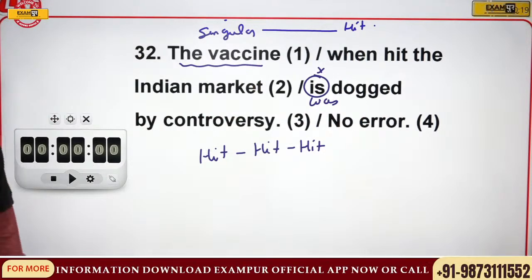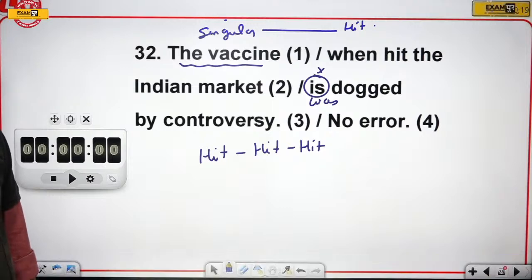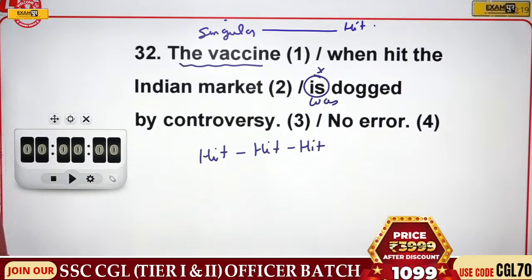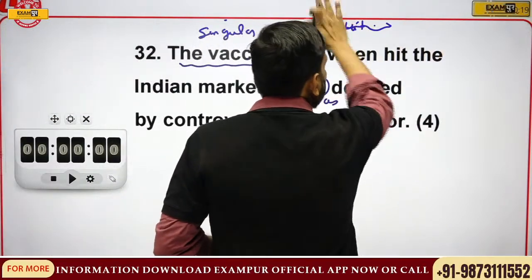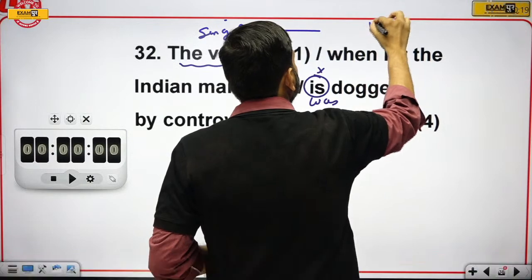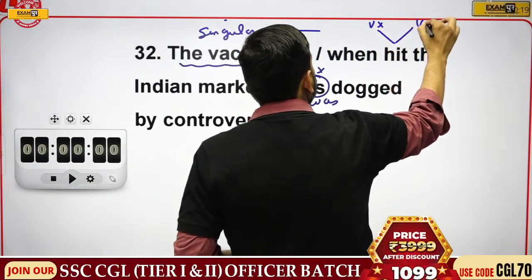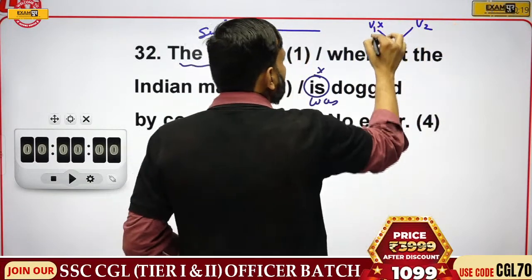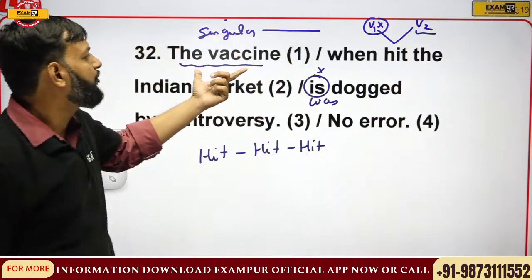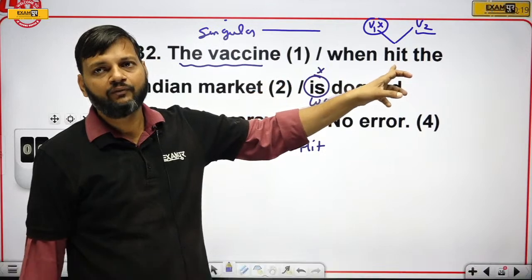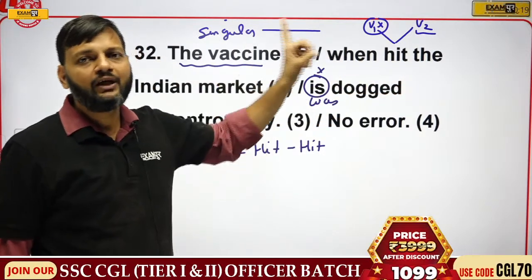Surbi, this hit is not first form. This is second form, because with a singular subject we cannot use first form.